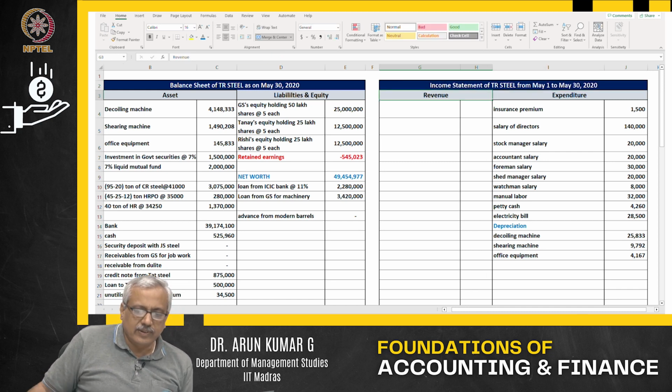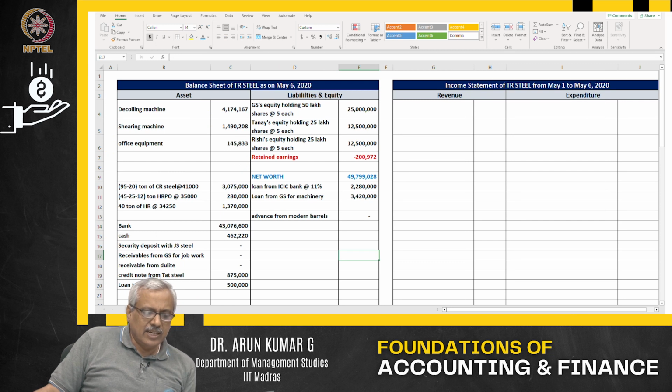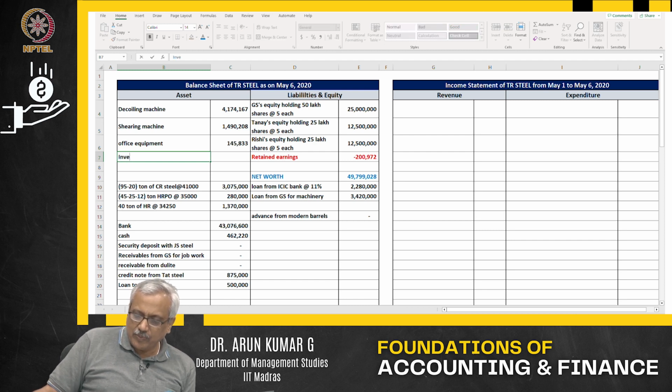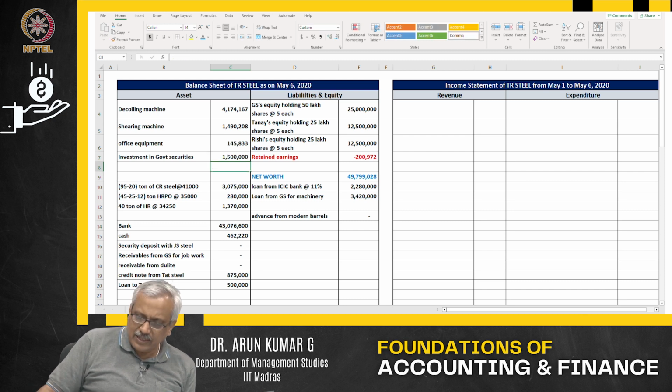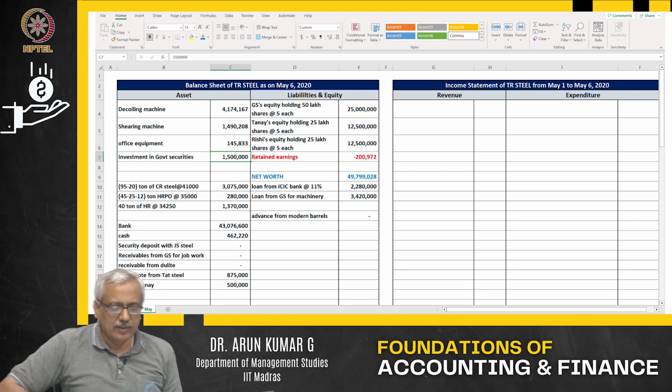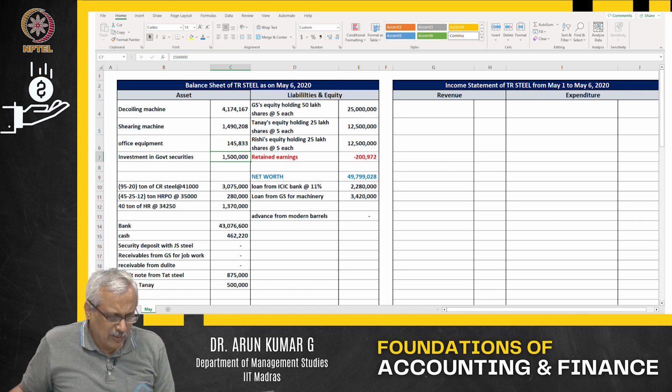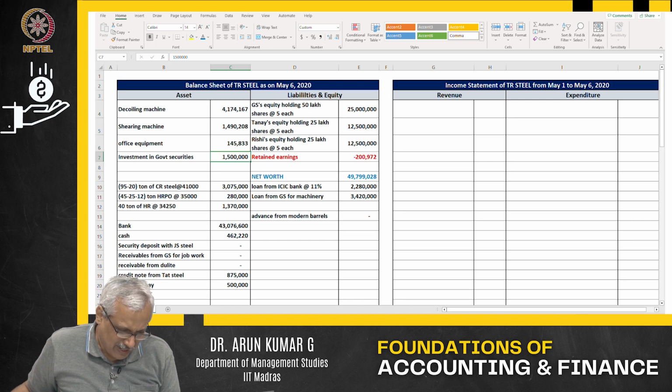Now, shearing machine, this was the value at the beginning of the year. It reduces by so much, and as of 30th May this is the value. Office equipment, this was the value, and it reduces by so much, this is the value. So what has happened? Your loss has mounted, the capital has further reduced.